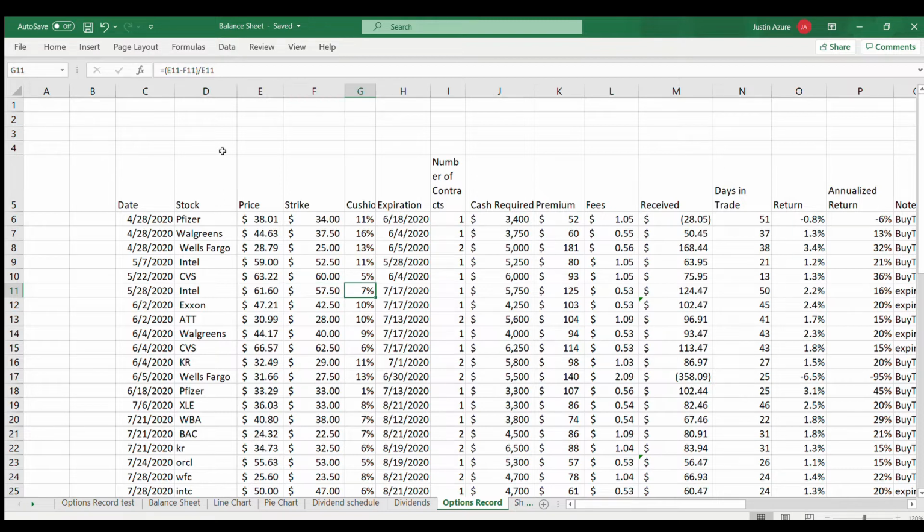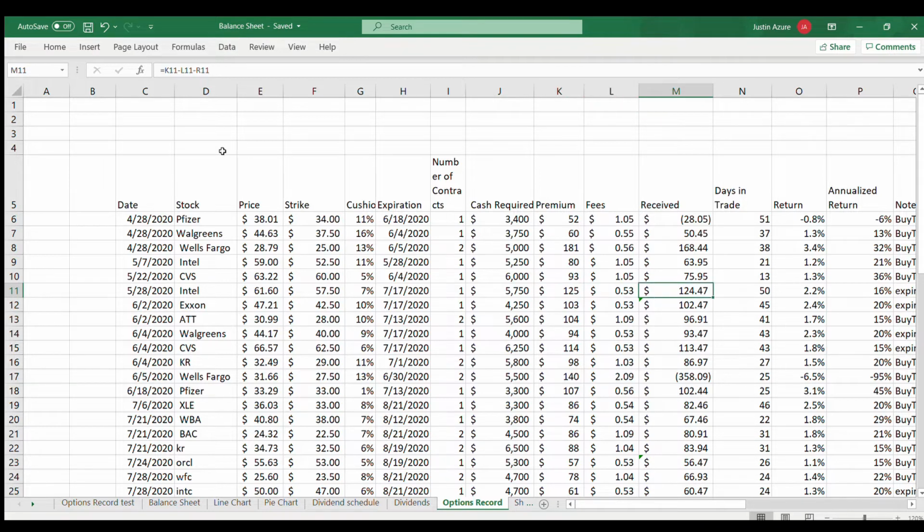Then we have the cushion, meaning it has to fall 7% or something for the shares to get assigned. And the expiration date, number of contracts, and the cash required, how much money I have to set aside to sell this contract. We need that to calculate our returns. Premium, and then our fees. So then we have money received.